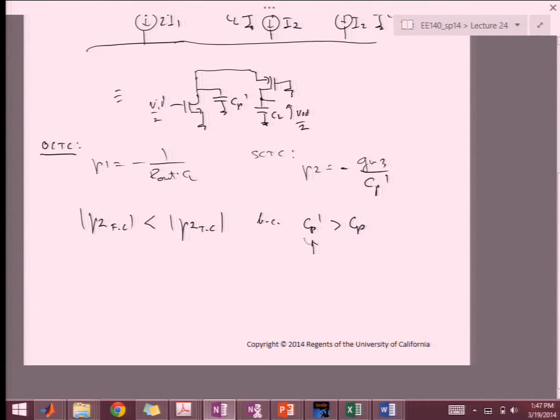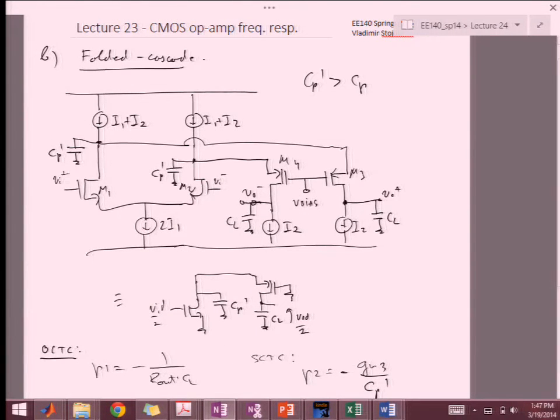This is the case here because we have more devices. Cascode node. Notice that I have a current source now, plus obviously these are some devices, at least a drain that is connected there of the current source.